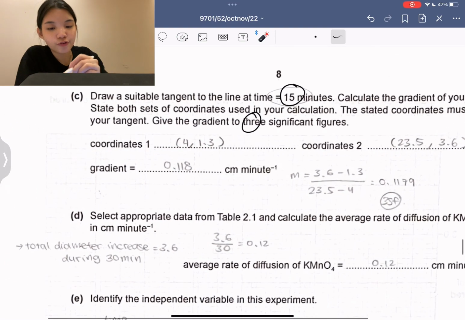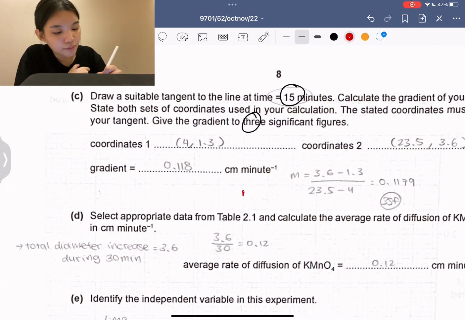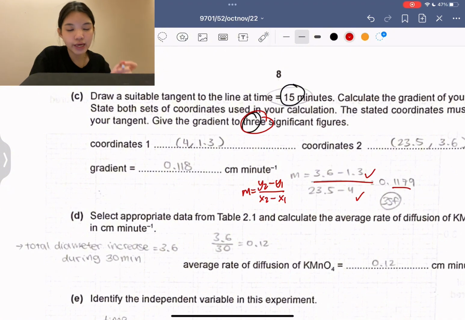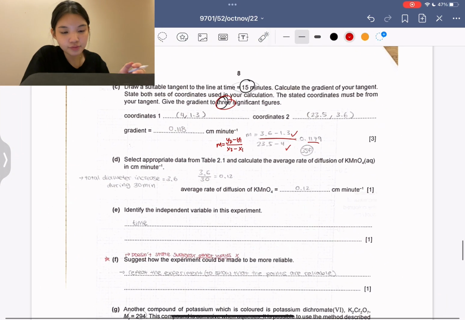The gradient formula is m equals y2 minus y1 over x2 minus x1. So m is equal to (3.6 minus 1.3) over (23.5 minus 4), then you divide it, which is equal to 0.1179. Rounded off to 3 significant figures, 0.118 cm per minute.